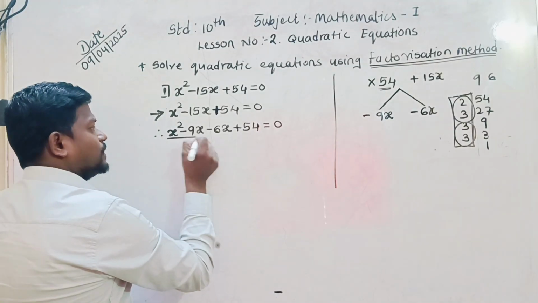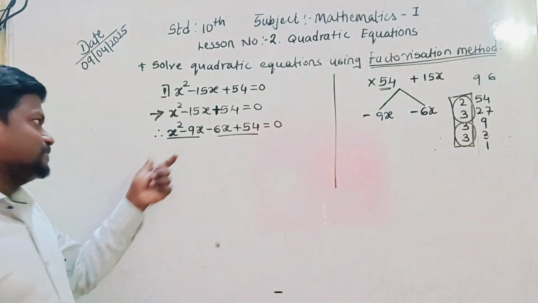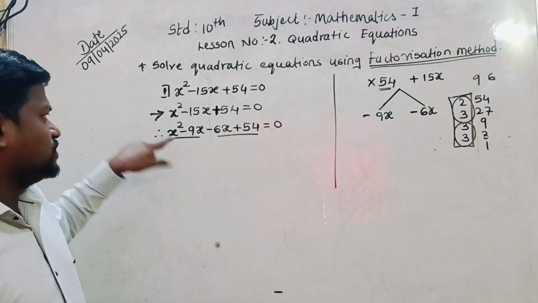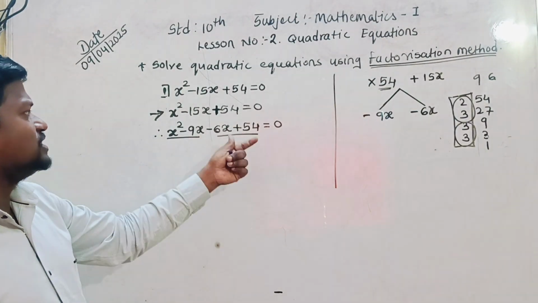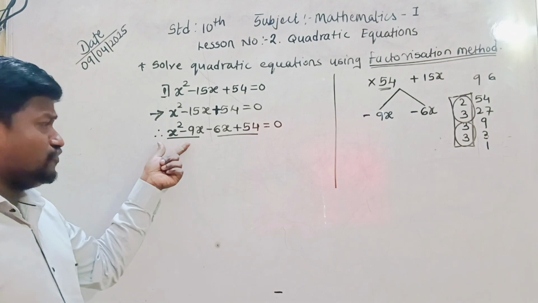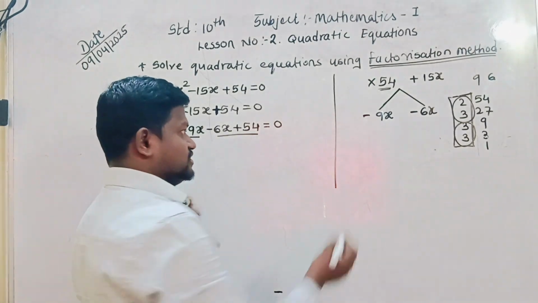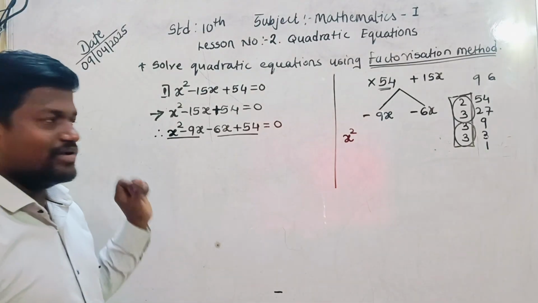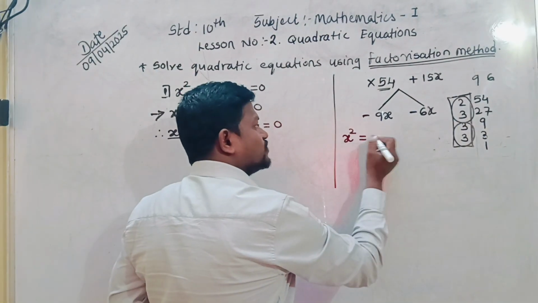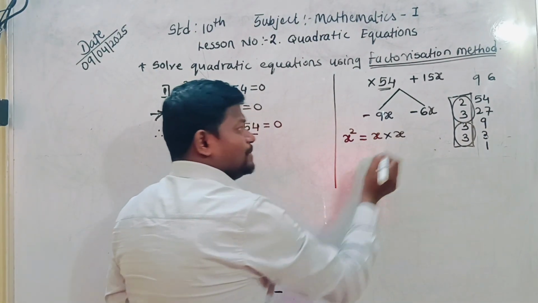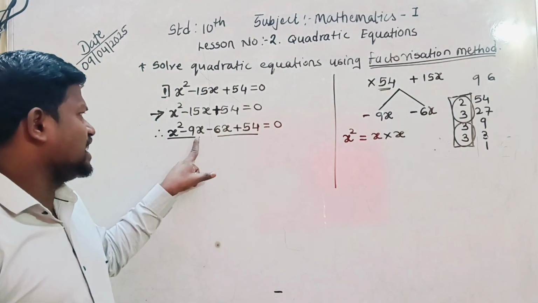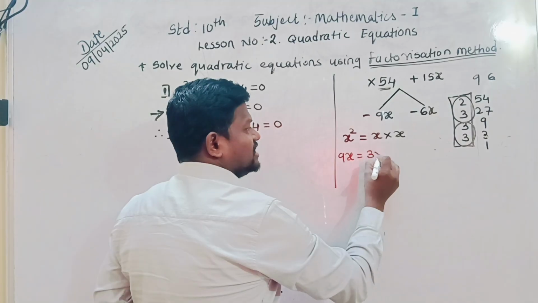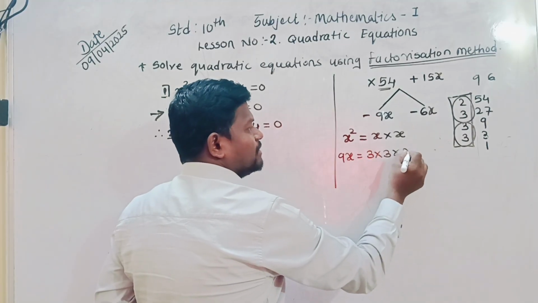After that we have to create two groups. Take the first two terms in the first group and the last two terms in the second group. For the first group we have to find the factors. In the first group we have x square, so the factors of x square are x multiplied by x, and the factors of 9x are 3 3s are 9 multiplied by x.